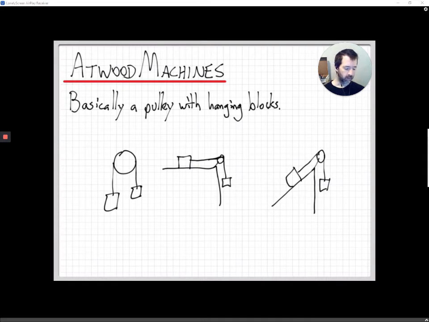So I'm going to show you three different ways that you can think about the same Atwood example. The first one is very systematic and aligns pretty closely with the techniques that I would have showed you last year in honors physics, but it's also kind of tedious.